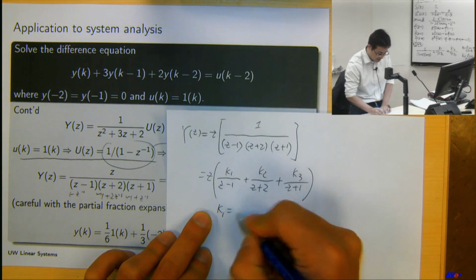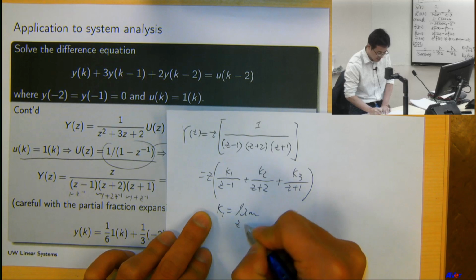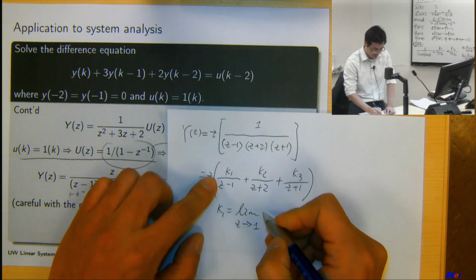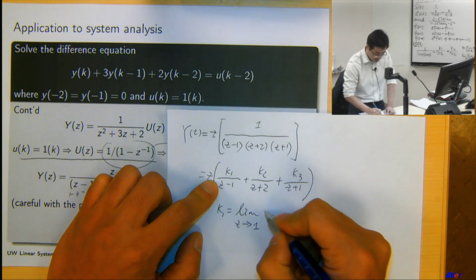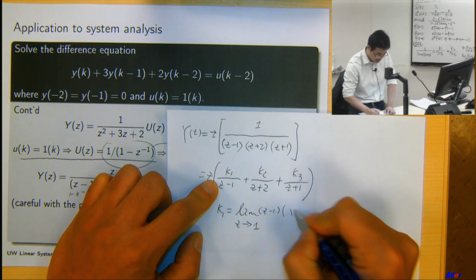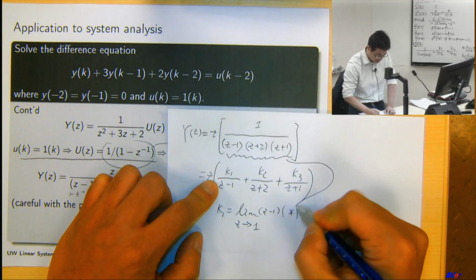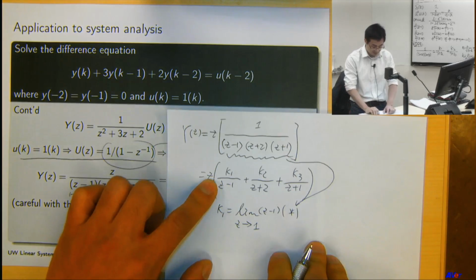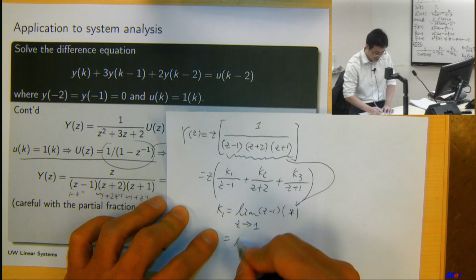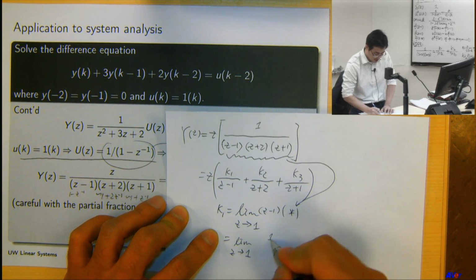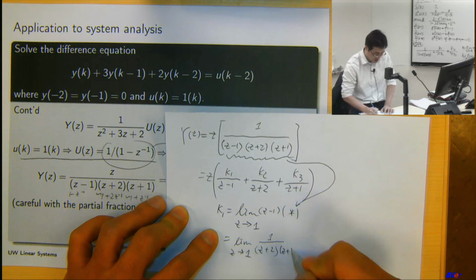k1 should be the limit, letting z go to 1, of z minus 1 times this whole item. So it's going to be the limit as z goes to 1 of 1 over (z plus 2)(z plus 1).